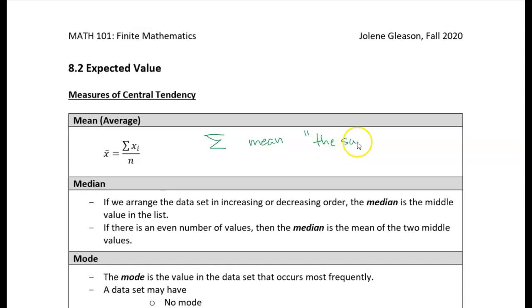So we're taking the sum of all these data points and dividing by the number of data points, where n is the number of data points. All right, so that's the average, or the mean, of a set of data.